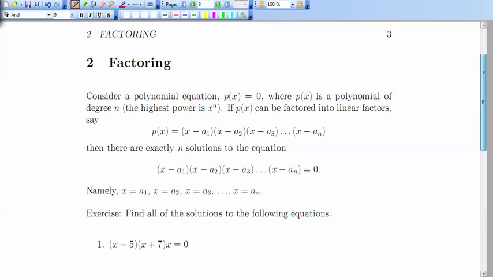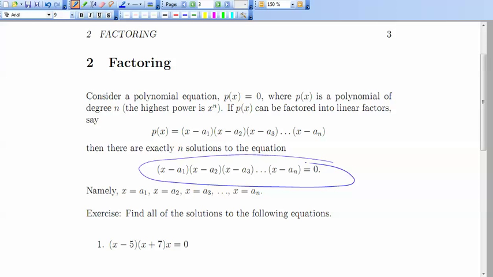Well, factoring is a very powerful tool. Again, it doesn't always work, but when it does, it can very quickly get us solutions to equations, actually. So if we have a polynomial and we can completely factor it, and that polynomial is equal to 0, like we have down here, then if you think about it, if we have the product of many things equaling 0, what can you say about that?